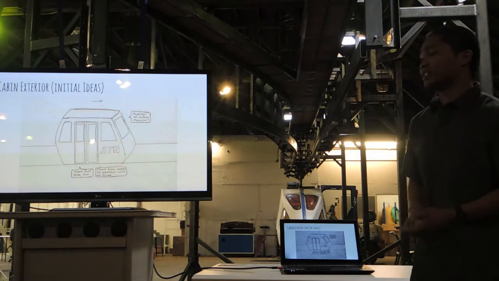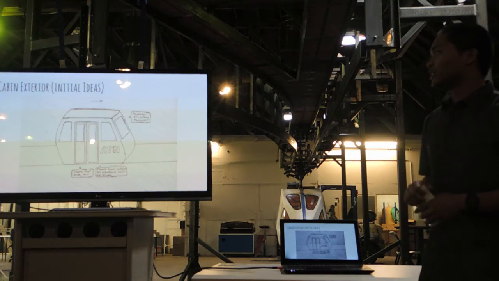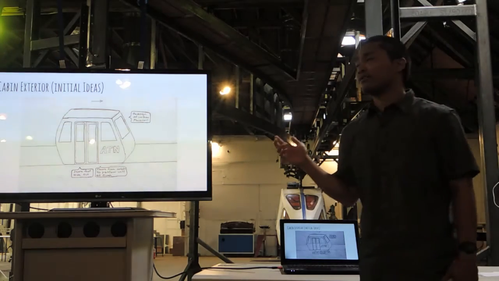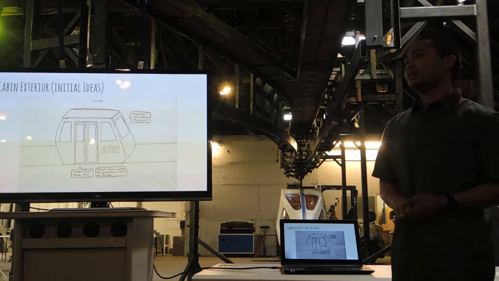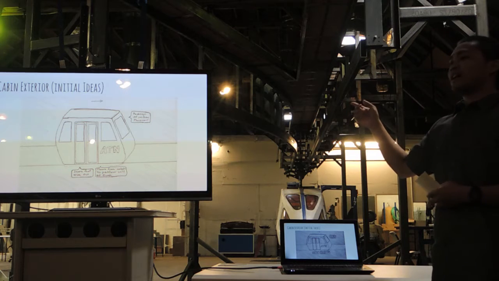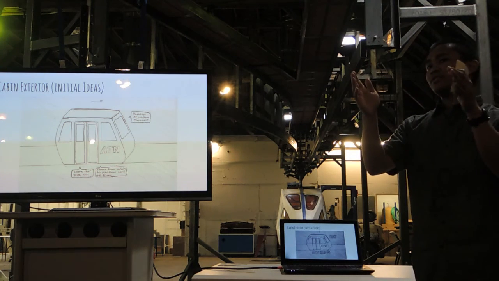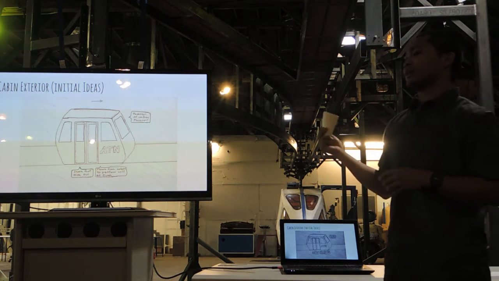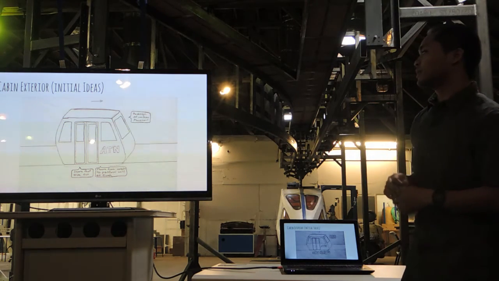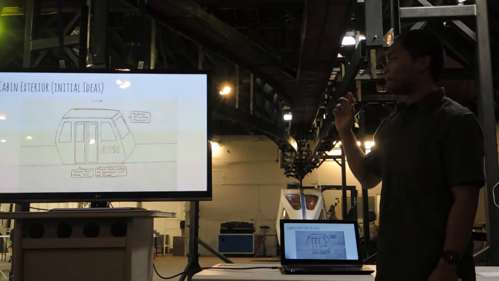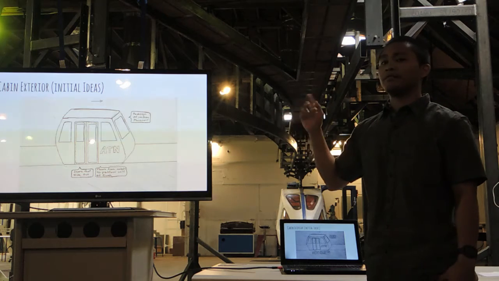So this is our initial ideas. One thing is a redesign of the window placement. I believe that with that design, you can't really see ahead of you, so maybe we want to consider a redesign of the windows. Another thing is the mechanism of the doors.